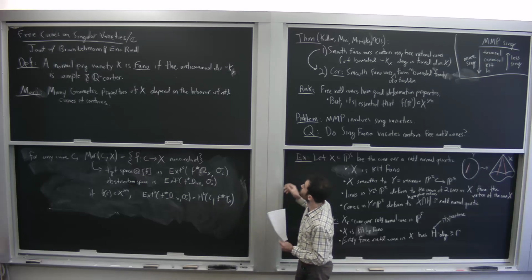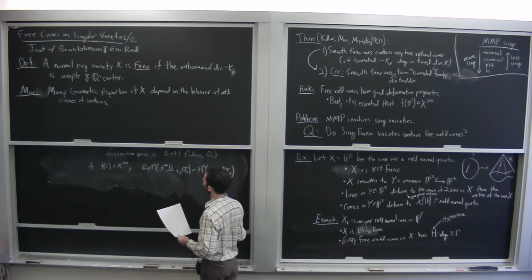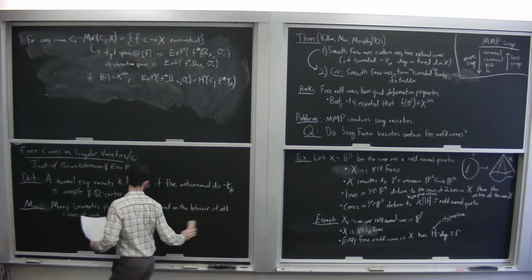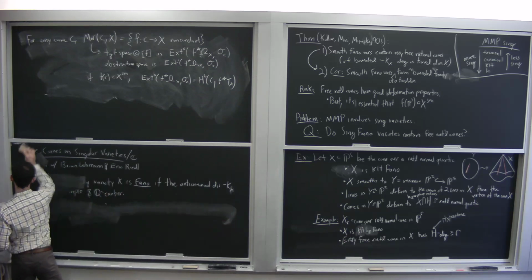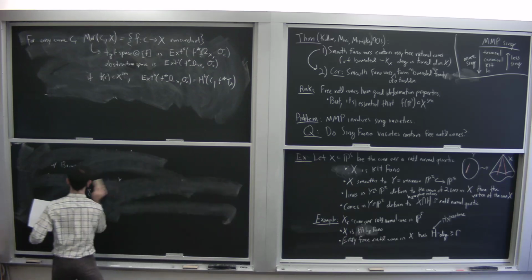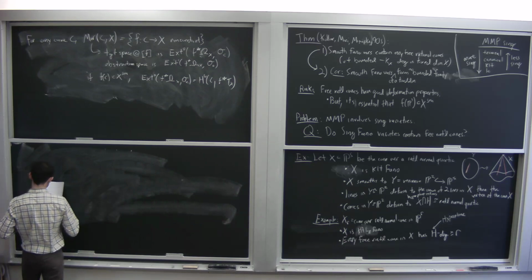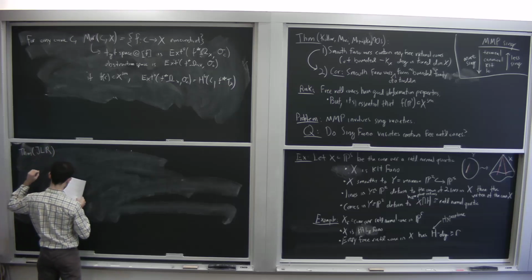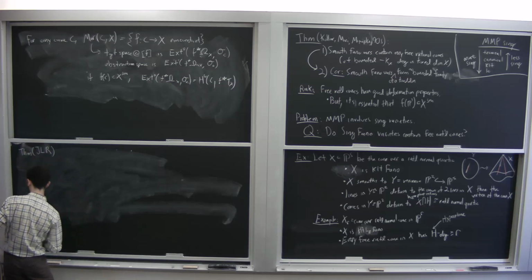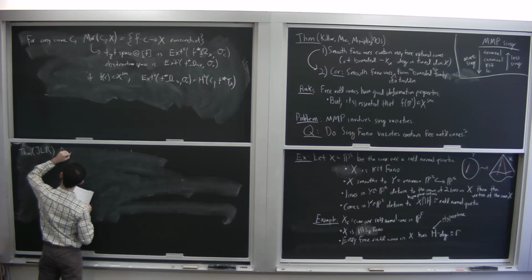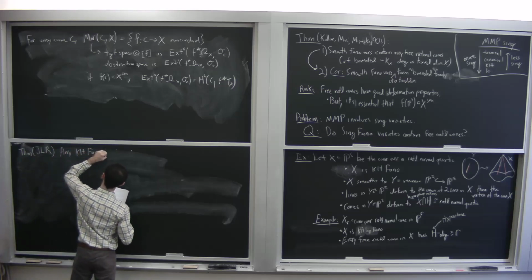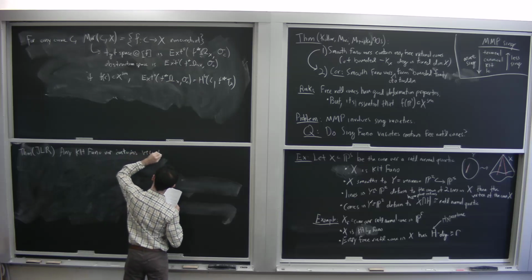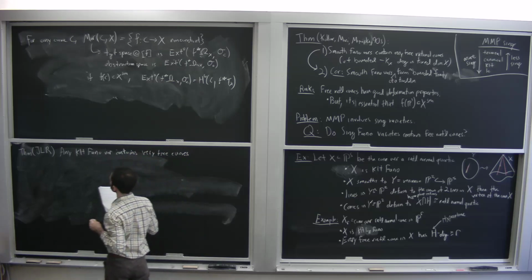Okay, and so what's our main theorem? Theorem: any KLT Fano variety contains very free curves of some genus.